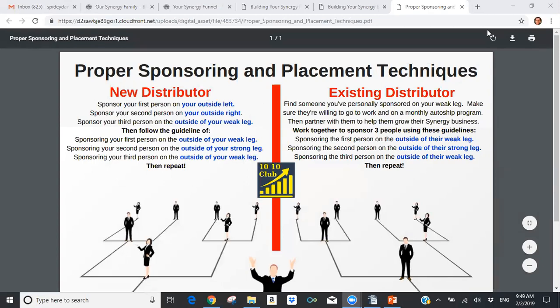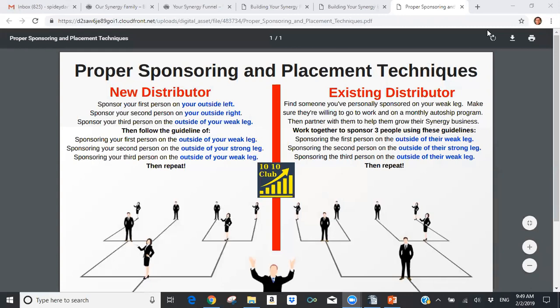And then I work with Judy on Mondays. Now, I didn't sponsor Judy, but Judy is on my left-hand side. That's my weak leg, so I want to strengthen my weak leg. How am I going to strengthen my weak leg? By working with Judy, who is a great Synergy distributor. It's a privilege to work with Judy.